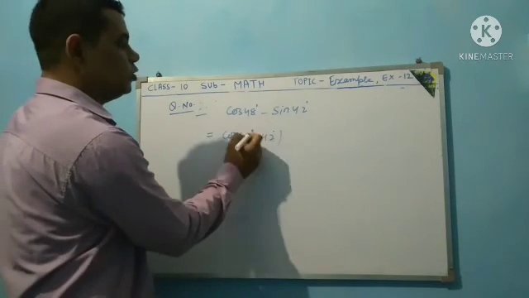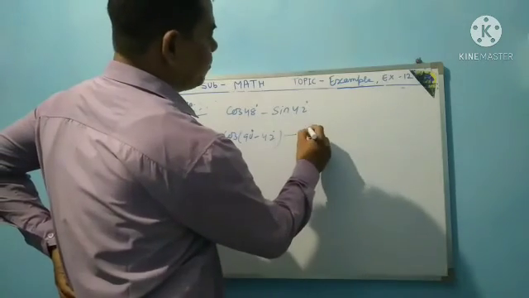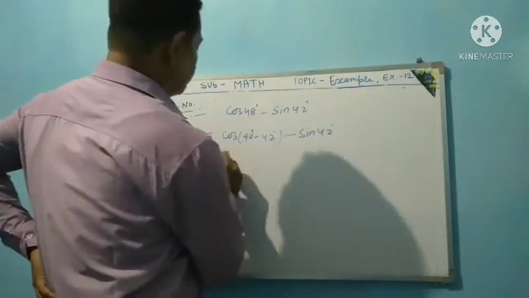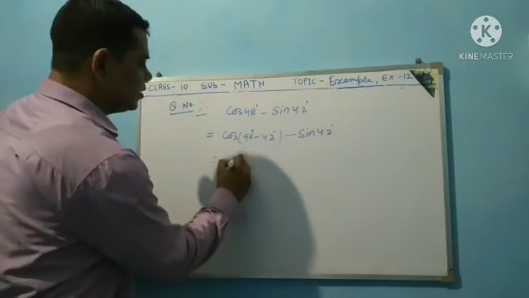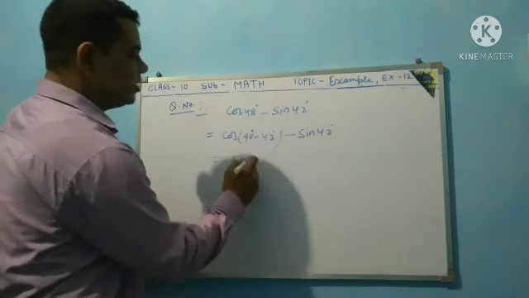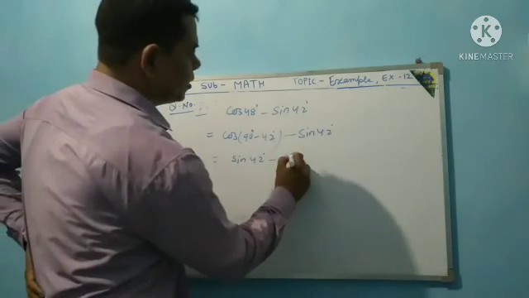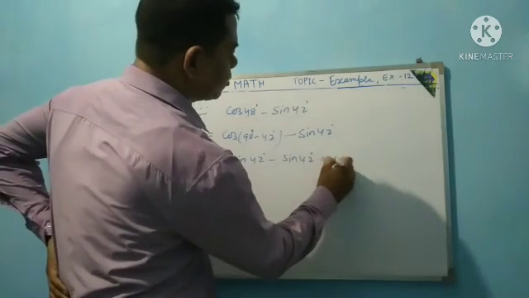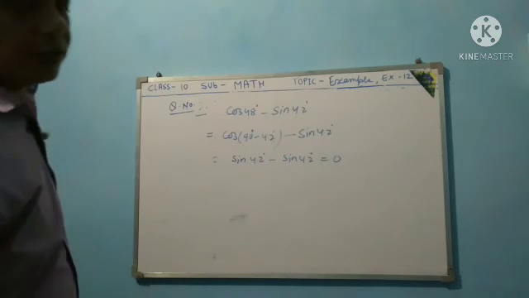If we subtract 42 from 90, we get 48 degree. So cos changes to sin at 90 degree, with theta equal to 42 degree. So sin 42 degree minus sin 42 degree is equal to 0. So that answer comes out 0.